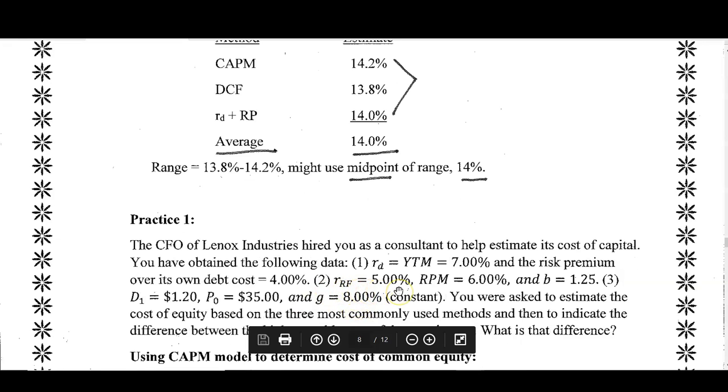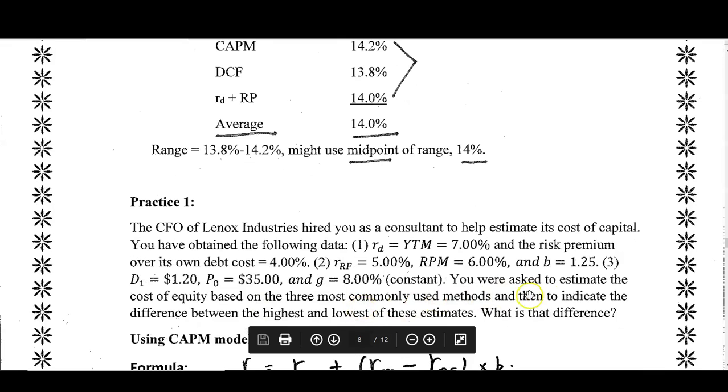The risk-free rate is 5%. Market risk premium, RPM, is 6%. Beta is 1.25. D1 is 1.2. P0 is 35. G is 8%. You are asked to estimate the cost of equity based on the three most commonly used methods, and then to indicate the difference between the highest and lowest of these estimates.